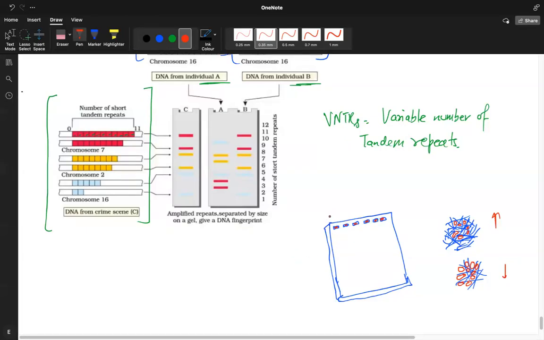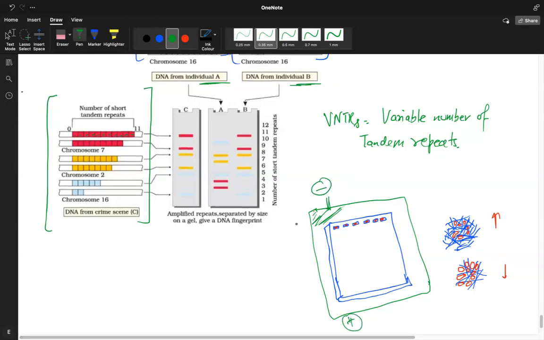And then because DNA is negatively charged, I will keep this gel in a buffer, in a water container, like a buffer container containing a liquid solution. And in this liquid solution, I will attach a negative terminal and a positive terminal, and they will be connected to a battery.